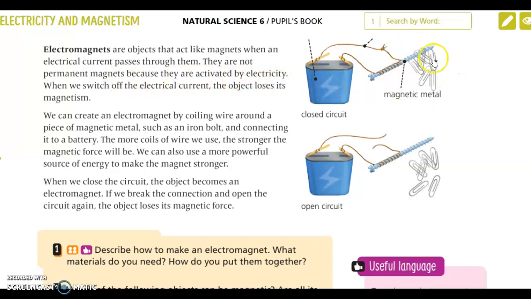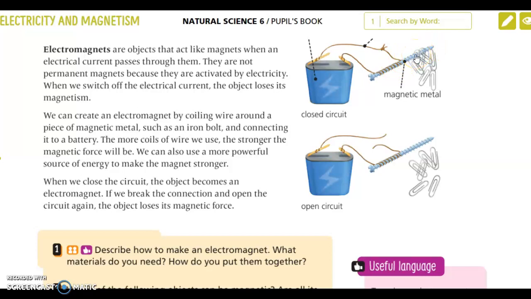Okay, so these clips, for example, when we put them in contact with this battery, in a closed circuit, very important, and the electricity passes in this circuit, then they become electromagnets.